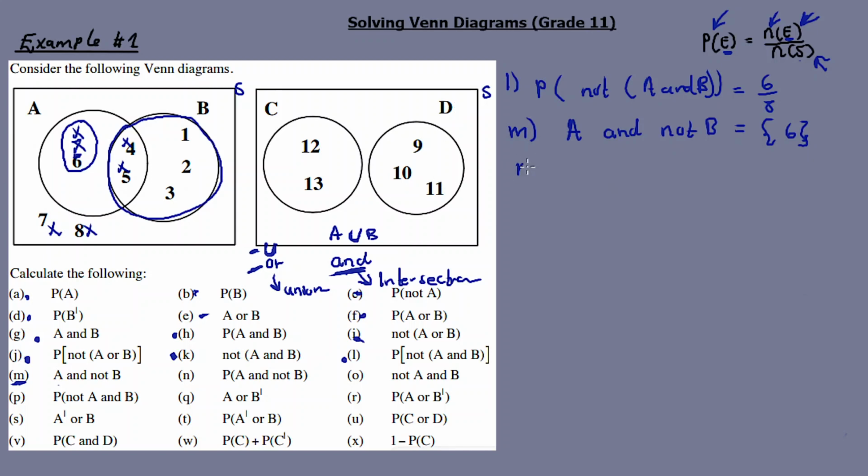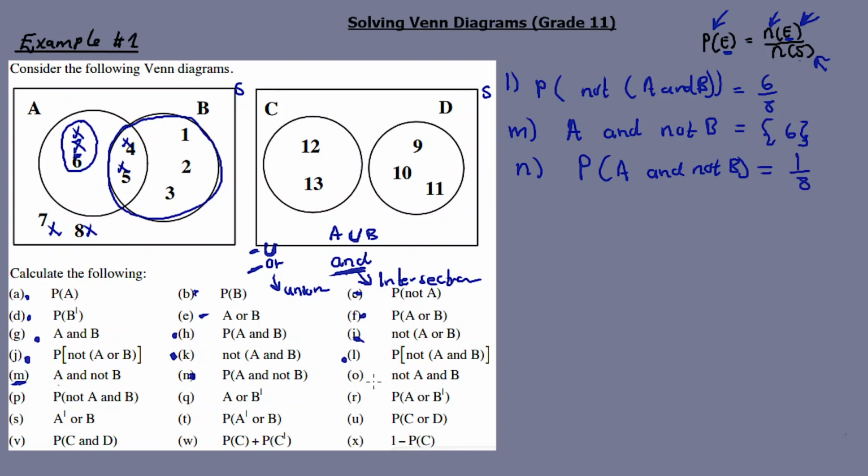And then N, they want the probability now of A and not B, so it's going to be 1 over 8.